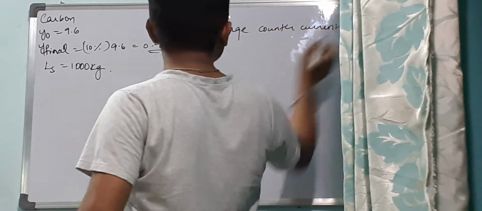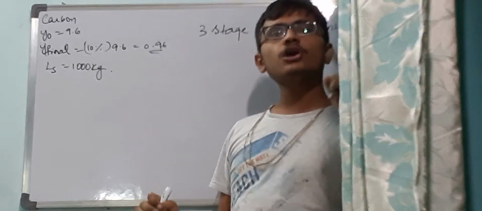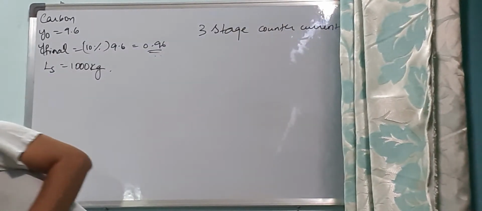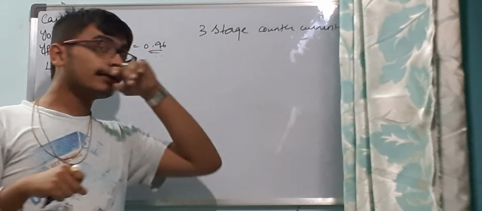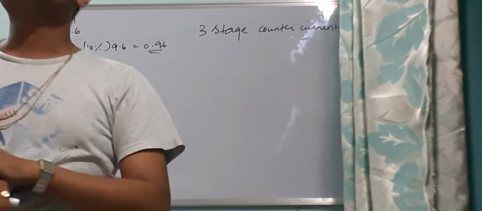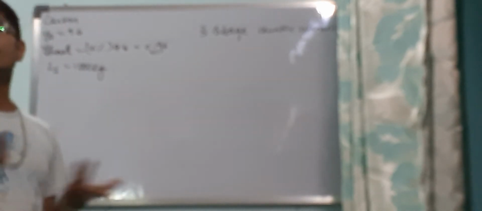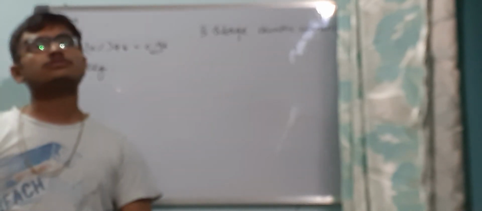Previously, we have solved 2-stage for cross current. Now it is counter current. In such cases, you don't have any other option, and he has not given you the intermediate values also. So in such cases, what can you do?